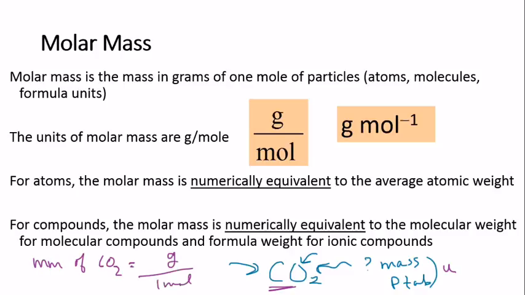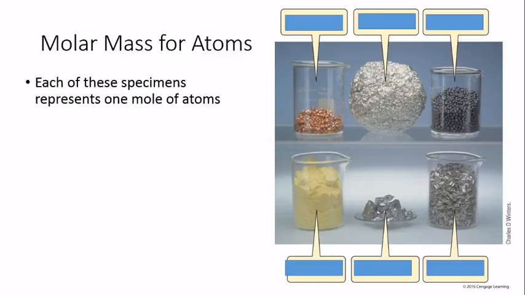All right. Sticking with the elements, we've got some pretty elements. We have copper. Each one of these chunks of elements represents 1 mole of that element. So somebody had to weigh out 63.55 grams of copper to get 1 mole of copper atoms. If you look at the decimal number for copper, it's 63.55.